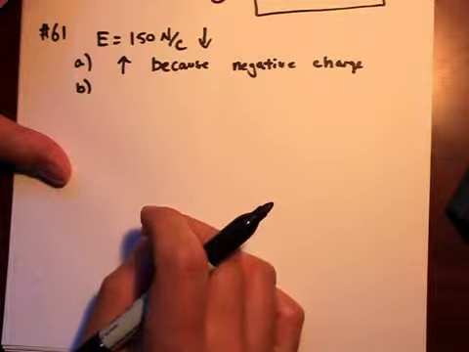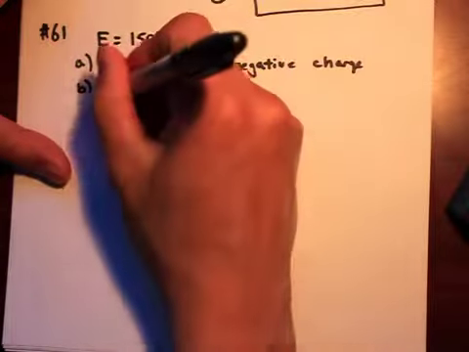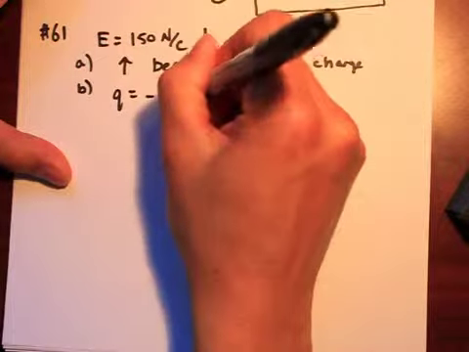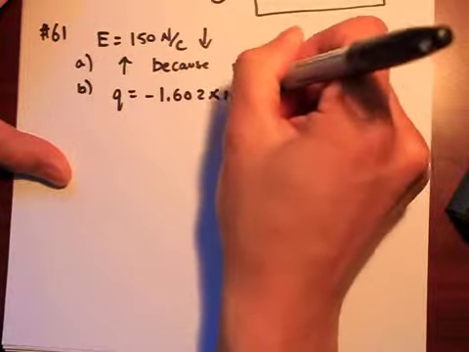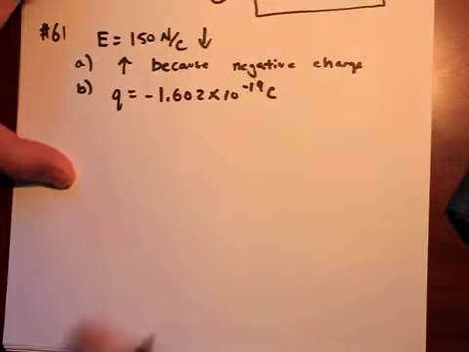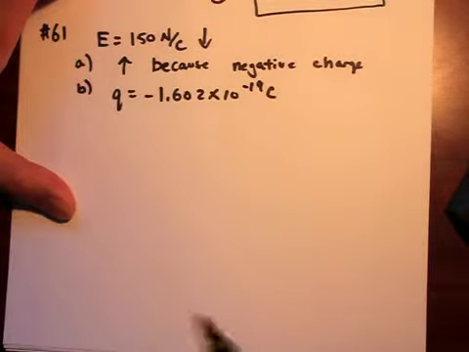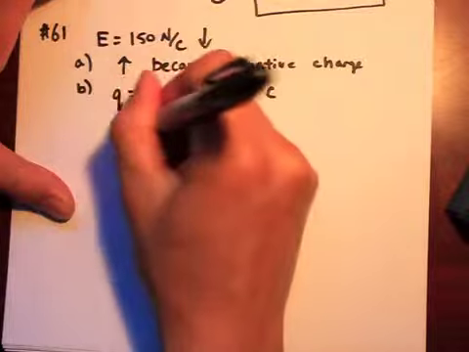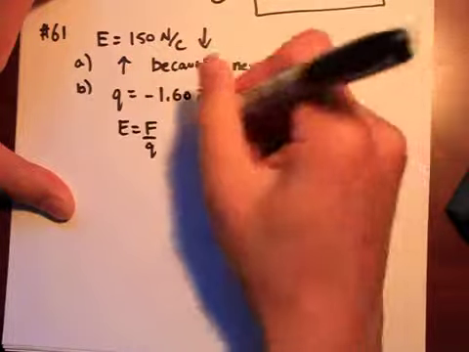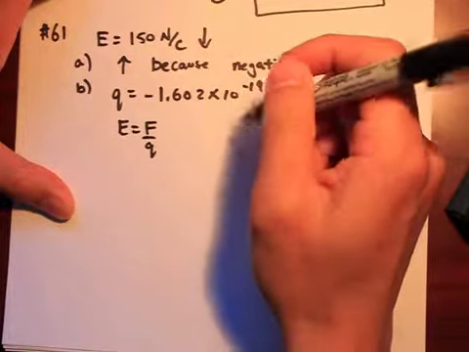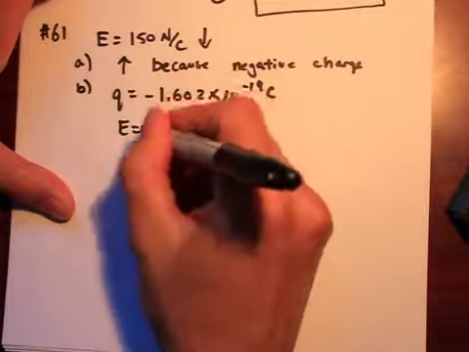Part B, find the electric force on an electron with a charge of negative 1.602 times 10 to the negative 19. That's basically the charge of your electron. You're just plugging this number in again into this equation. You're not finding the field, you're finding the force here.